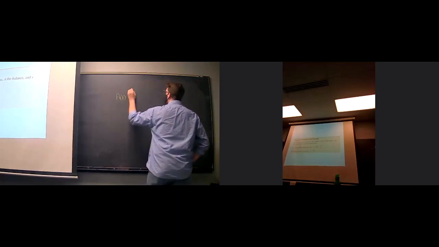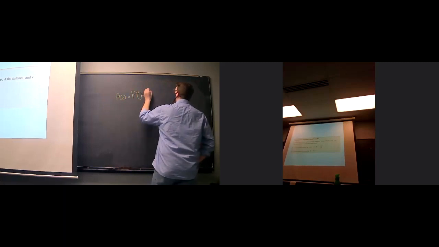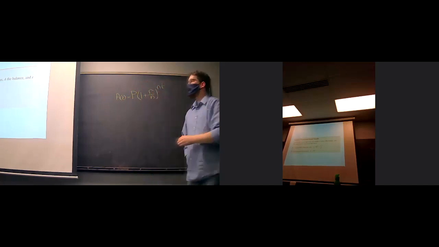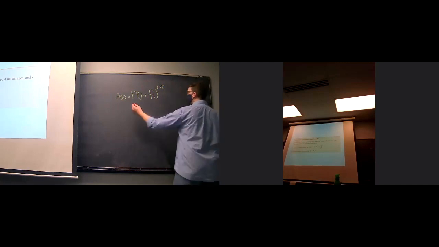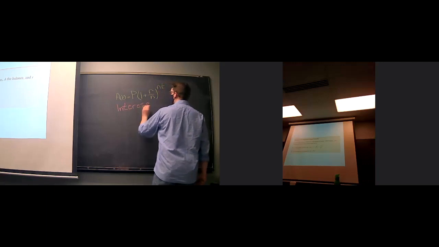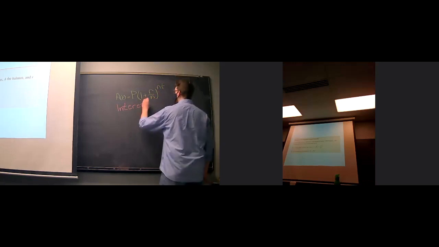So the amount owed, A of T, is equal to the initial amount you started with, P, times 1 plus R over N, raised to N times T. This is compounded n times a year.